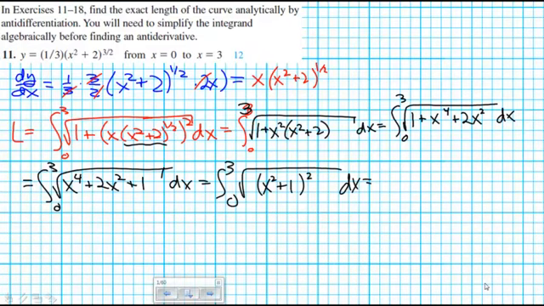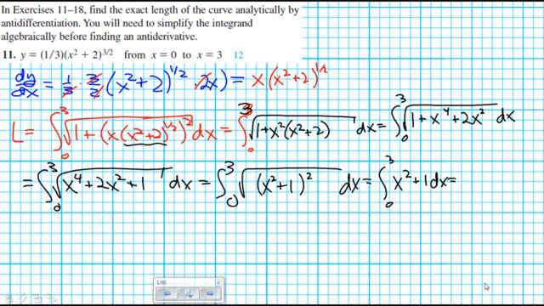Shock and amazement. So the square root of a square is just the stuff underneath there. And then we're ready to do the antiderivative.